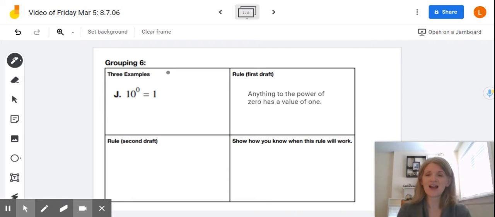Grouping 6. I notice this is something to the power of 0 and they're saying it equals 1. The rule is anything to the power of 0 has a value of 1, a value of just the number 1. But let's look at why that's true. Okay, we're going to use some of our other rules to prove it.